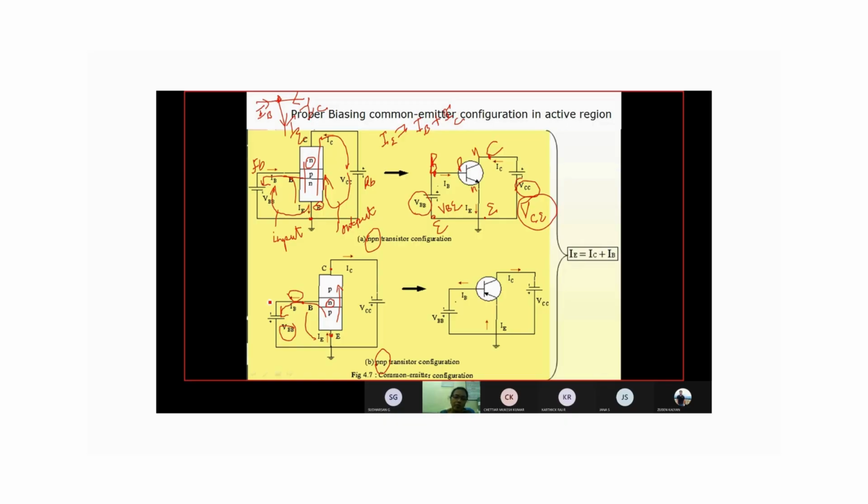How will current be flowing? If there is any flow of charge carriers, current will flow, isn't it? You can feel, you cannot touch. Can you touch the current? No. But we can measure the current with the support of an ammeter, or measure the voltage with a voltmeter.